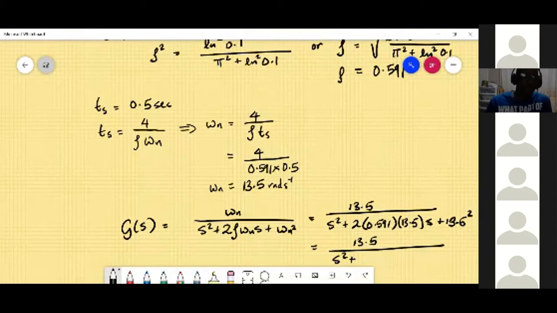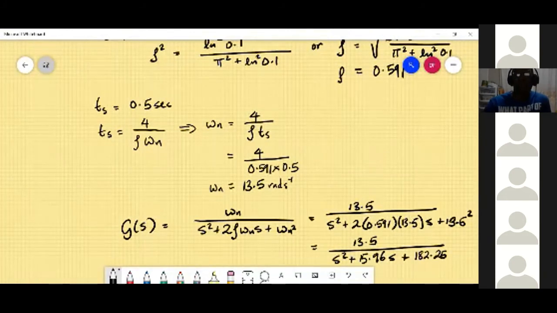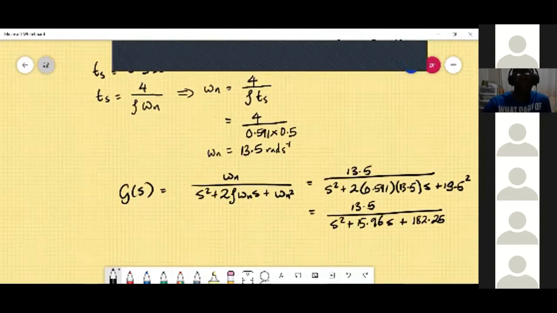But we're writing down 15.96 because we're in class. So, plus 13.5 squared. That's 182.25. So this is our desired transfer function.